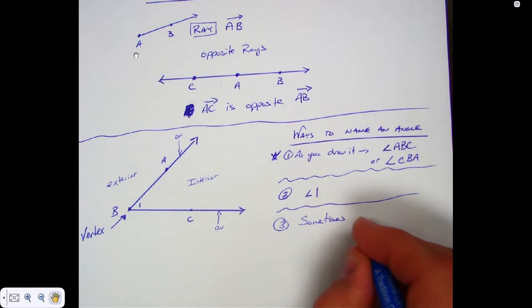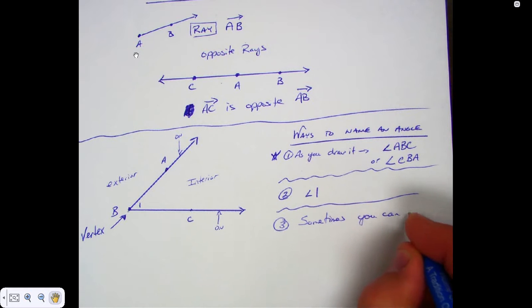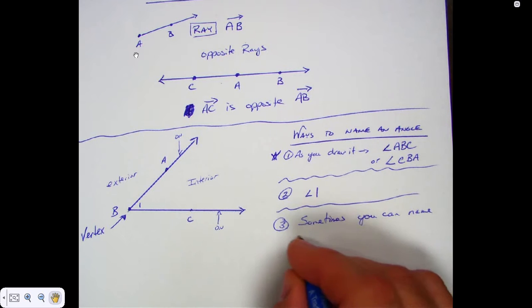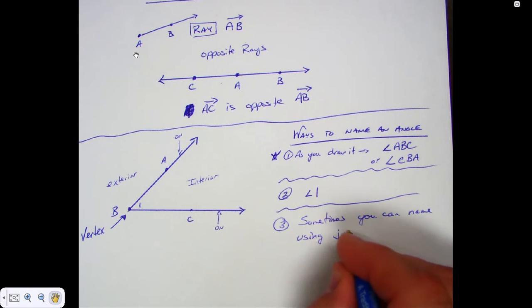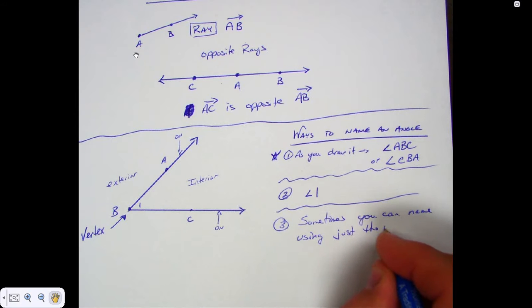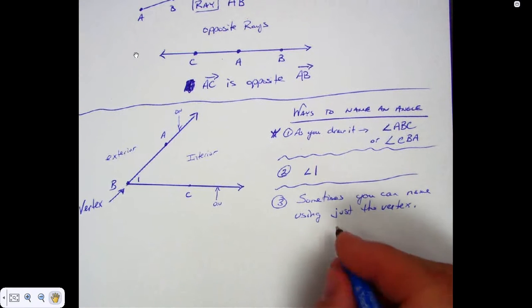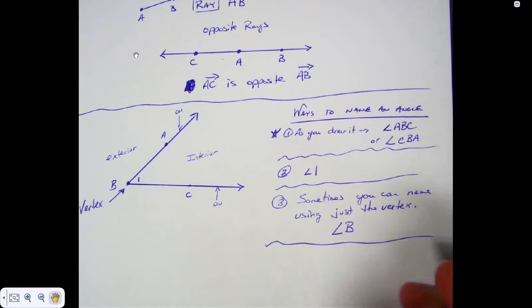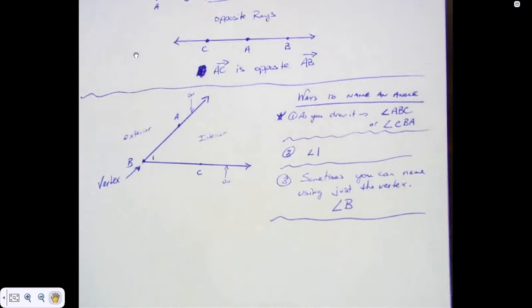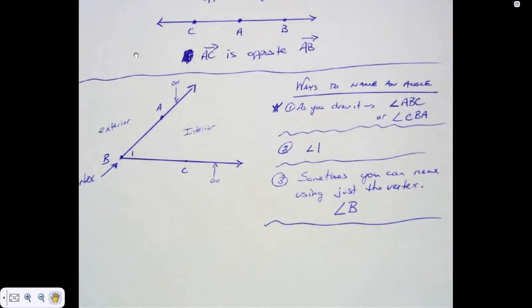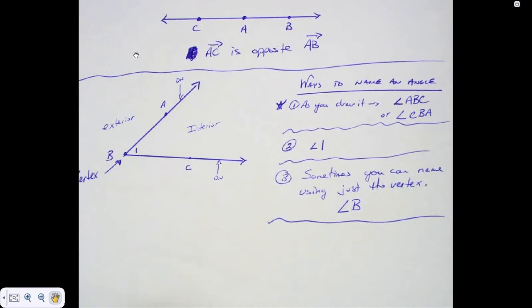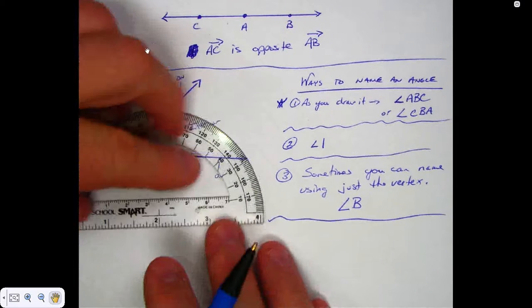Sometimes you can name using just the vertex. Now, I can call this angle what? B. Sometimes you can do that. And as I've told you before, it's just a matter of communication.